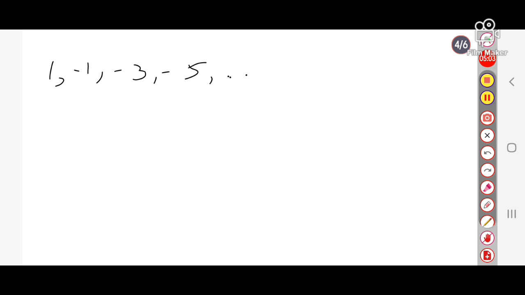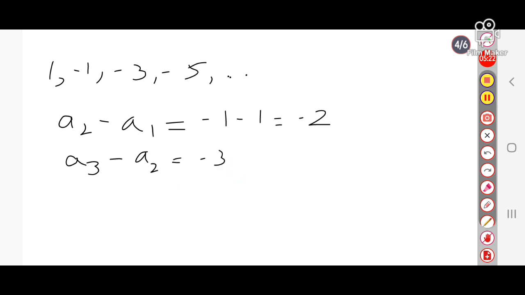Again we find the common difference: a2 minus a1 is minus 1 minus 1, which gives minus 2. Similarly, a3 minus a2 is minus 3 minus minus 1, again minus 2.